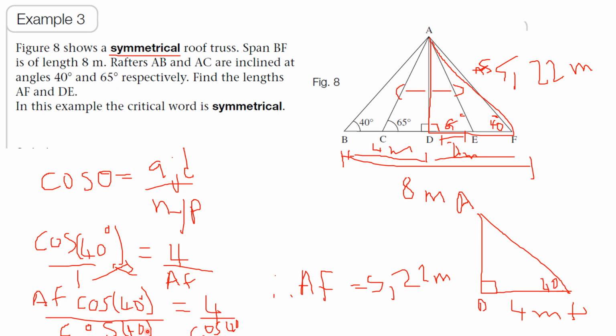The question says you must also find DE. So how are you going to find DE? Remember, it will be much easier if you can find the length of AD. Why? Because if you have the length of AD and you have the angle, it will be easier to find DE.